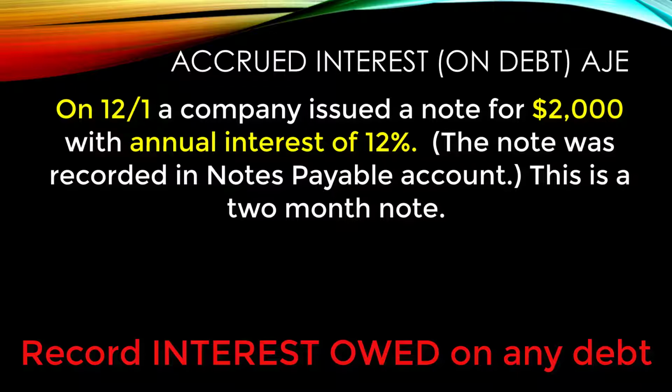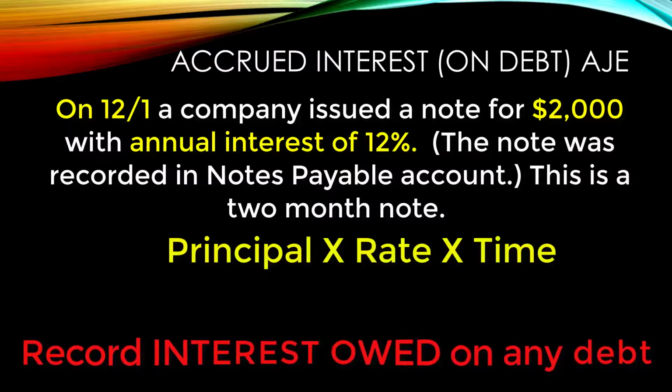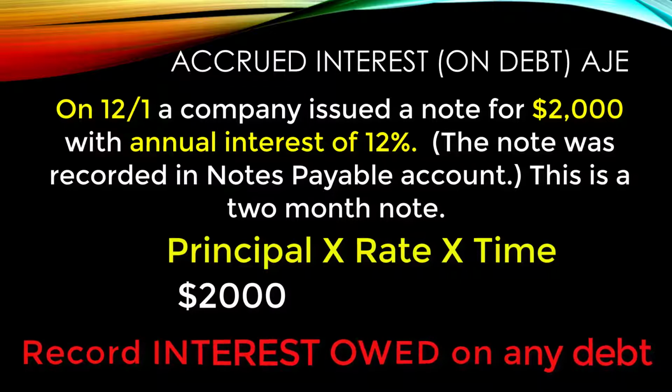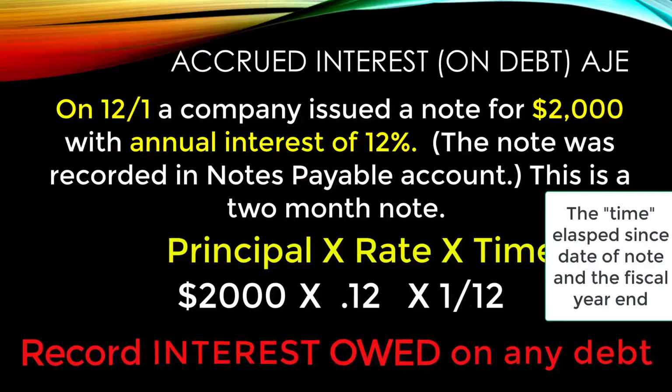However, interest expense needs to be recorded in the period that the interest benefited. The accrued interest is determined by using the interest formula, principal times rate times time. In this case, we would take the $2,000 of principal, multiply by the annual 12% or 0.12, and multiply by the time.